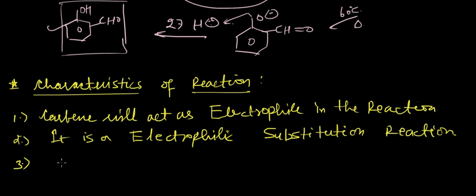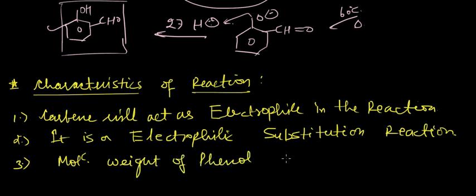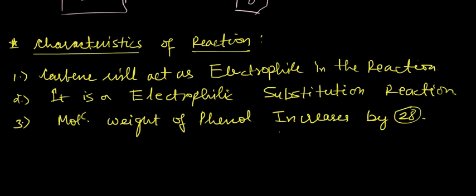So the molecular weight of phenol increases by 28. And how is this possible? I'm just drawing it for some of you who are thinking it should increase by 29. No, the answer is still 28.